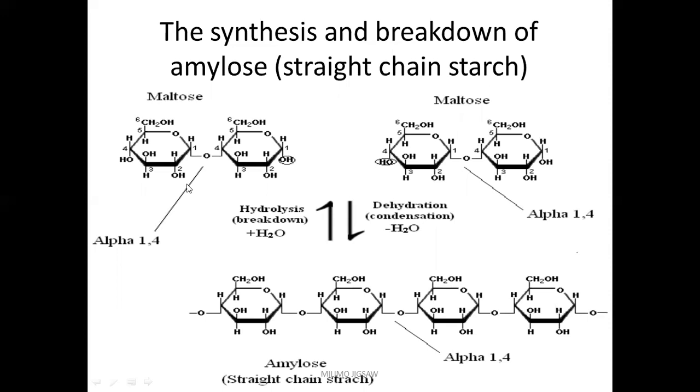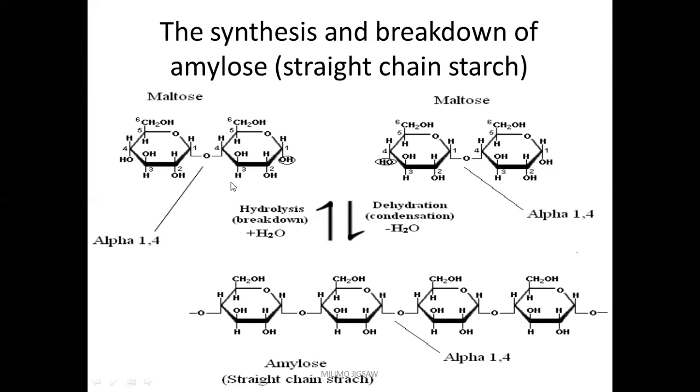So alpha glucose will first form maltose, and then these maltose molecules will be linked through the process of dehydration to form amylose. So remember, amylose is a straight chain. These molecules are connected by alpha 1,4 glycosidic linkages.